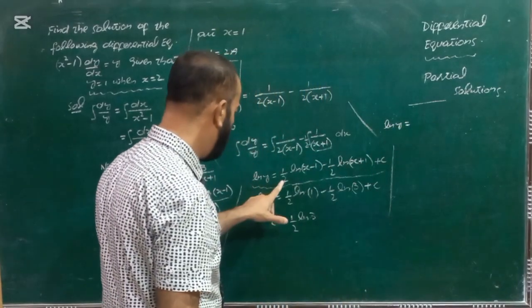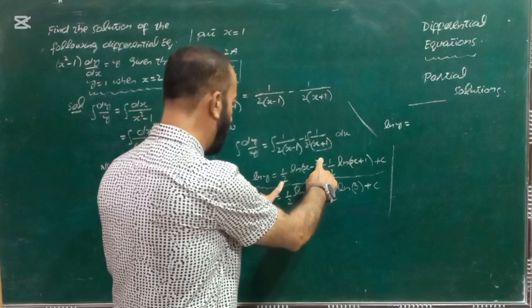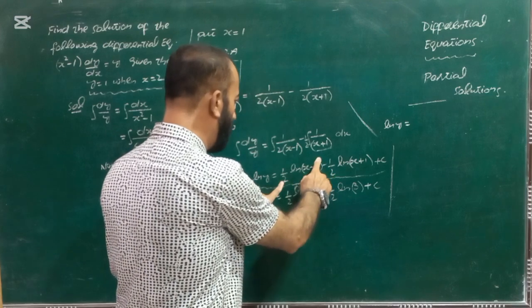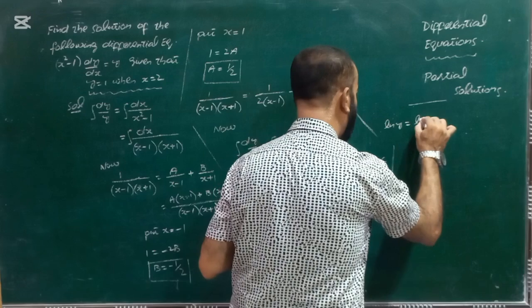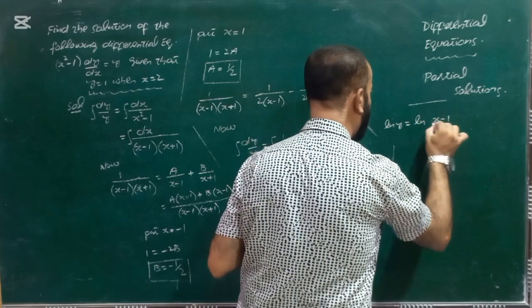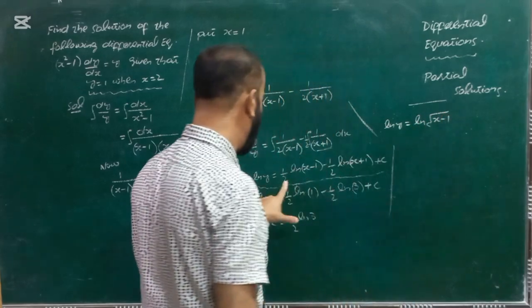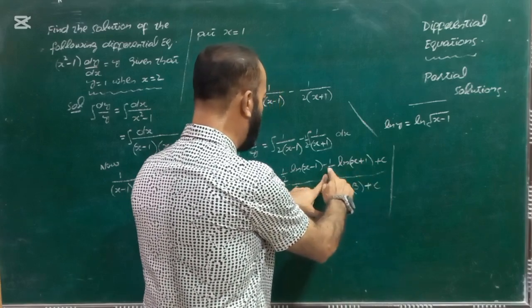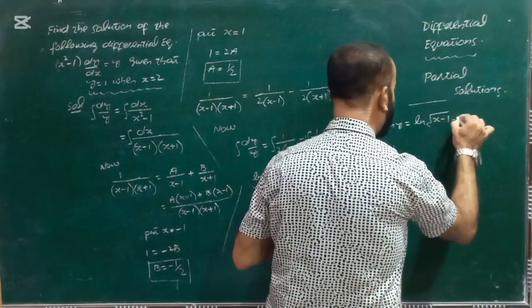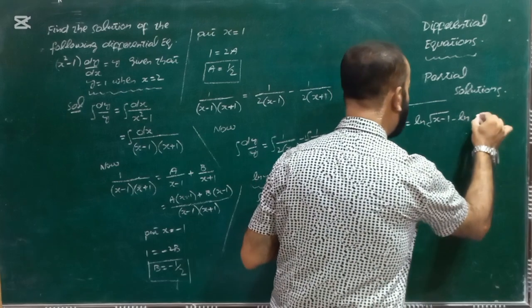So putting this value of c into the equation, so look now, natural log of y is equal to, this 1 by 2 will come into the power of x minus 1, so it will become natural log of x minus 1 square root. Likewise this 1 by 2 will come into the power of the x plus 1, so it will become minus natural log of x plus 1 square root.